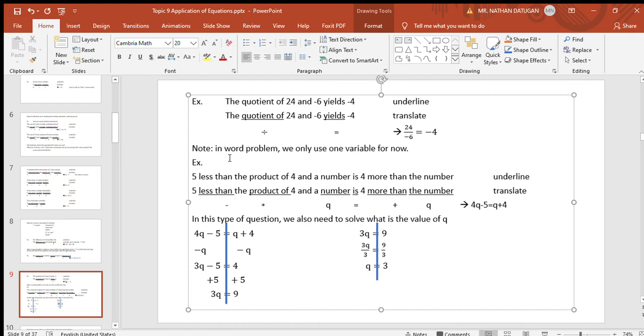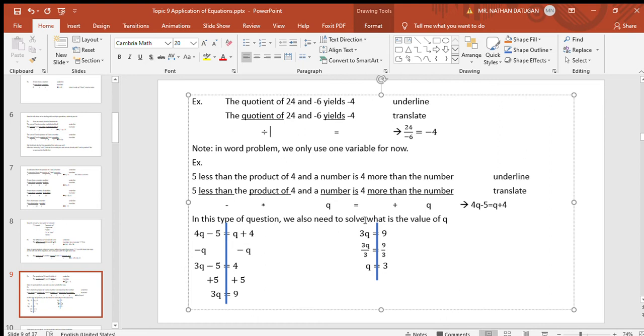In this case, we have: 5 less than the product of 4 and a number is 4 more than the number. First thing first, underline. Less than, product of, a number, is, more than, the number. As you can see, there's two numbers here. There's two variables, right?